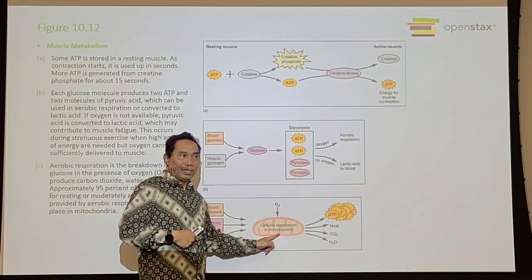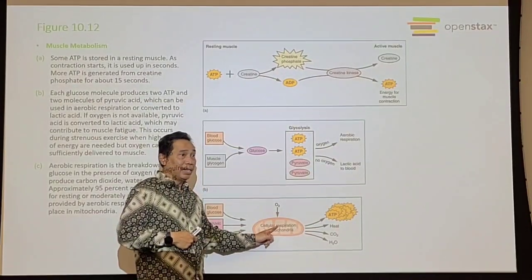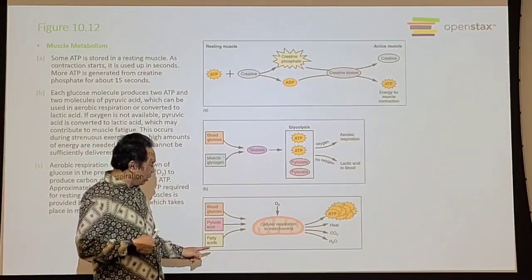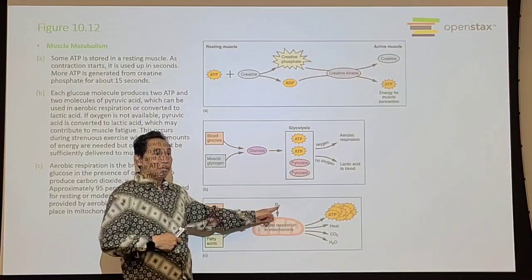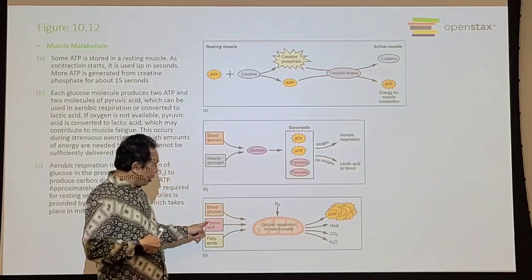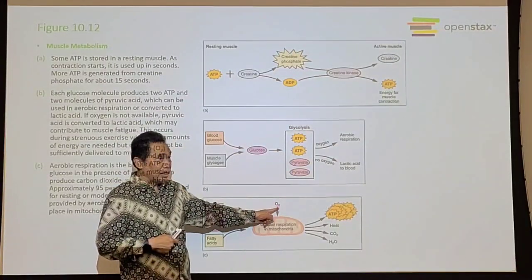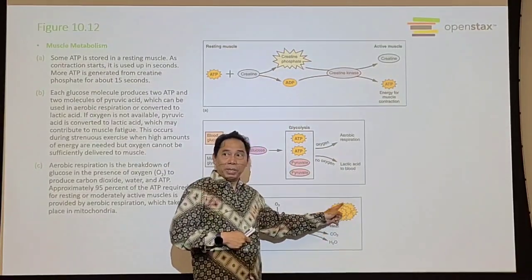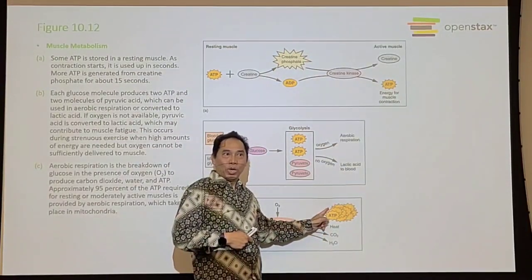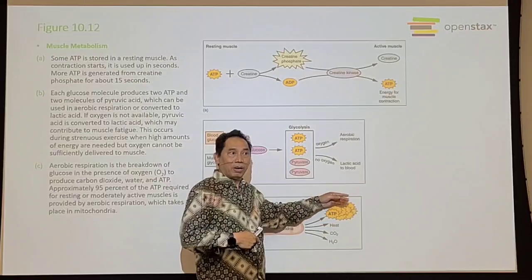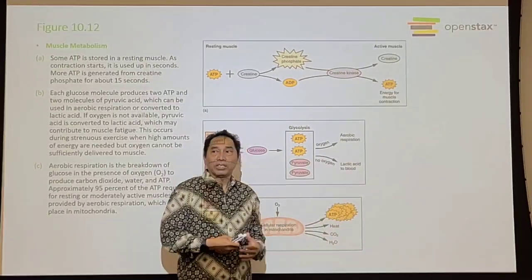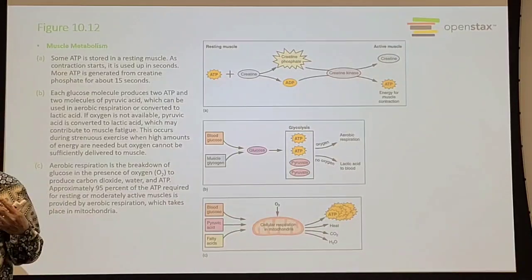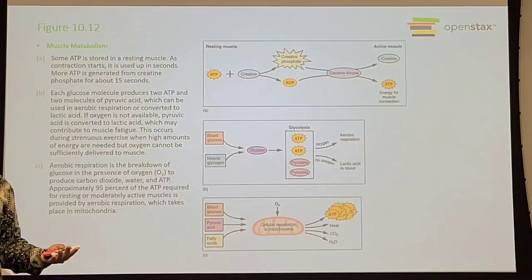Cellular respiration, which is done in the mitochondria and requires glucose and oxygen. Every glucose with 6 oxygen will create 38 ATP. So it's a lot. We have that process over and over and over, then we have actually trillions of ATP available for our action.